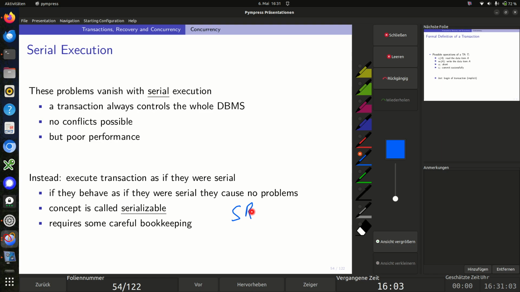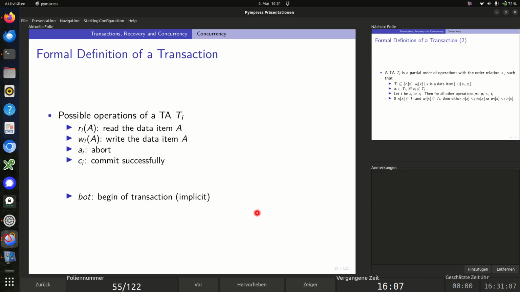And how is serializability defined? What are the different transactions we have? Every transaction consists of either write or read operations, and finally we have abort or commit. And at the beginning we have the beginning of the transaction.